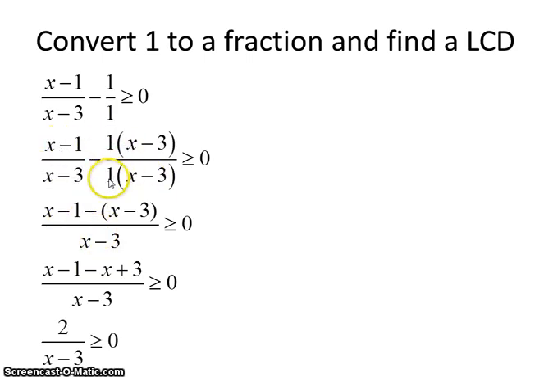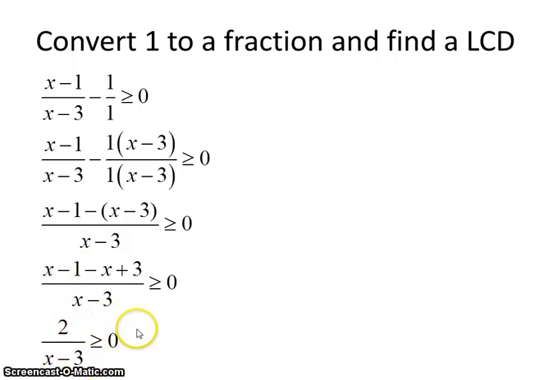I remove the 1's out front of the parentheses because 1 times anything is just itself, of course. So it gives us the situation. We've got a minus in front of this parenthesis we need to distribute through, so we get x minus 1 minus x plus 3 in our numerator, and combining like terms, that just gives us 2 because the x's cancel out.